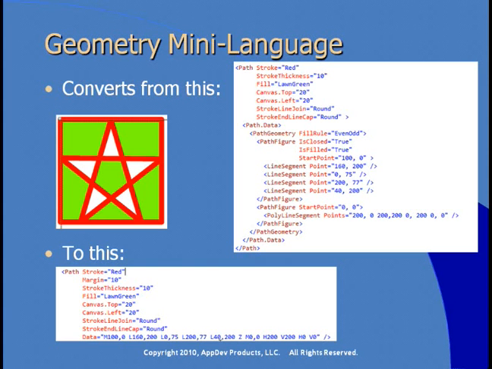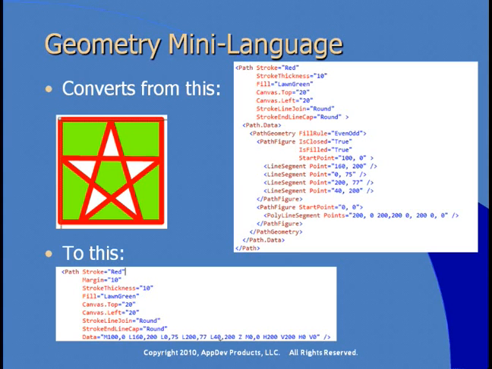M moves to the point 0, 0. H200 says start at the current point, create a horizontal line to the x-coordinate of 200. Then there's the V200 says starting at the current point, create a vertical line going to the vertical coordinate of 200. Then H0 says create a horizontal line going back to the horizontal coordinate of 0.